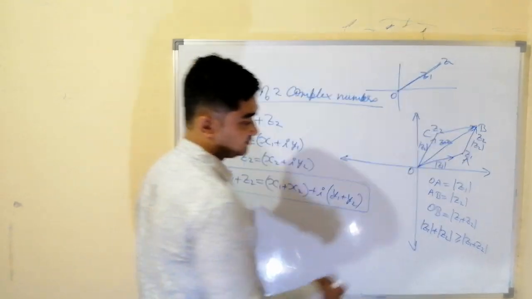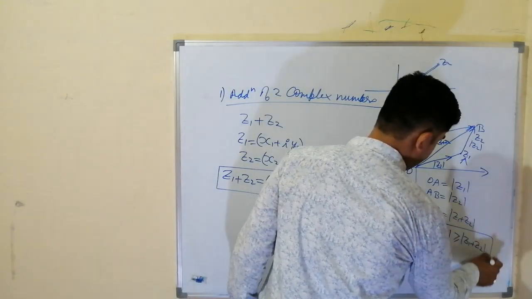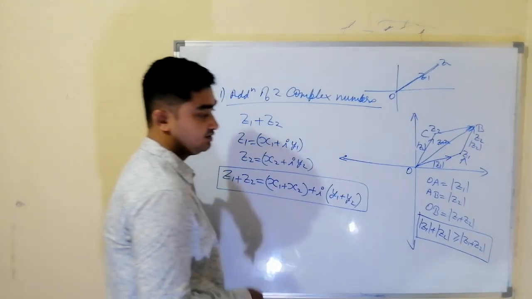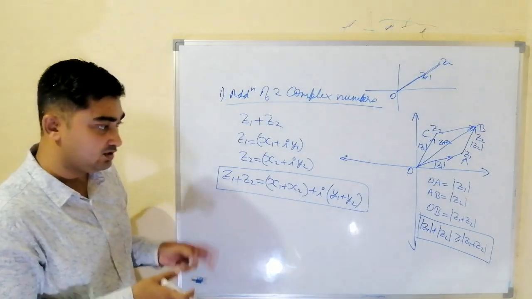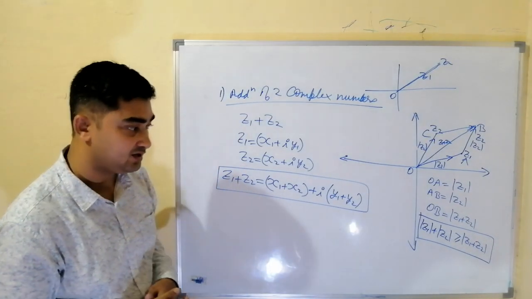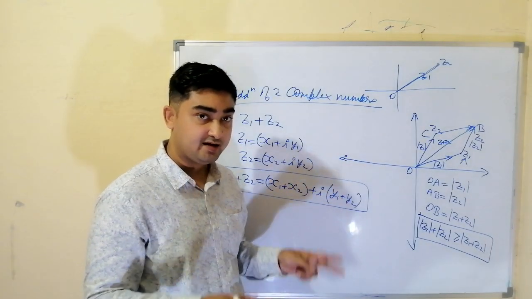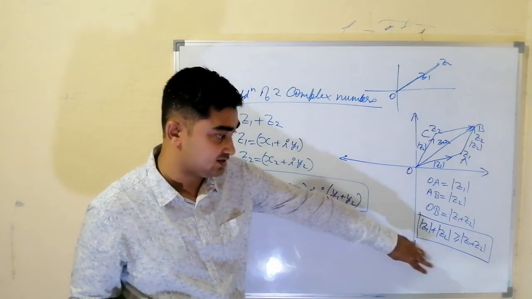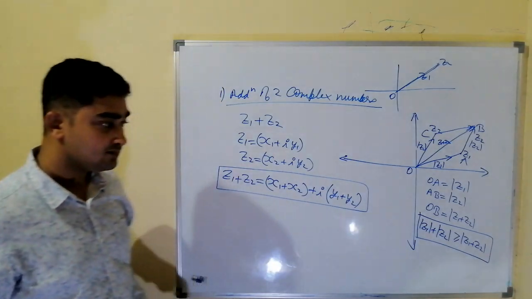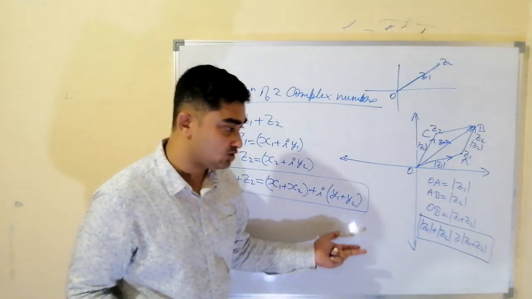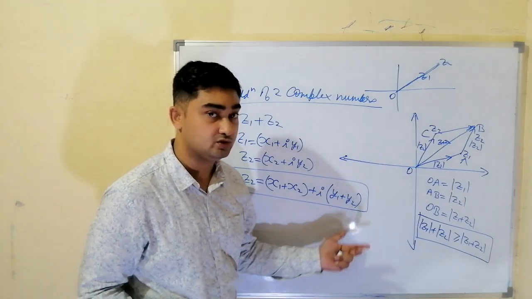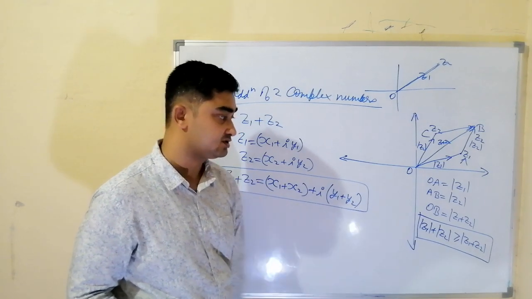So this is the inequality which we have to remember: the sum of the moduli of two complex numbers taken separately is always greater than or equal to the modulus of the sum, where we first add them and then take the modulus, which is always less than this. And we can also extend it, if the complex numbers are more than two, then also we can apply this.